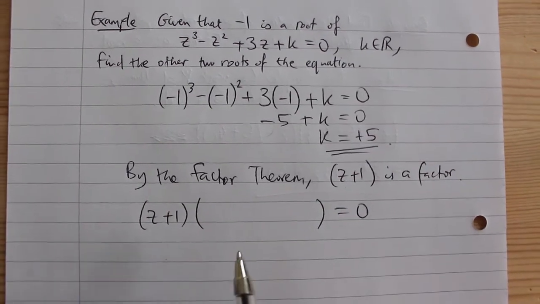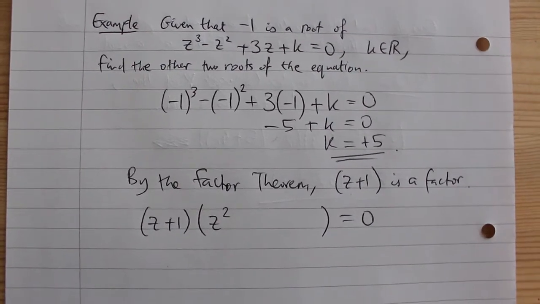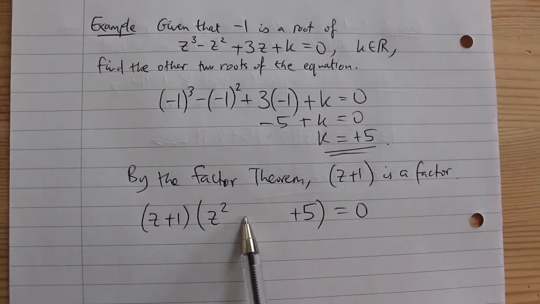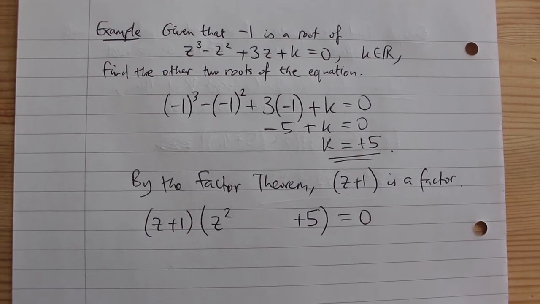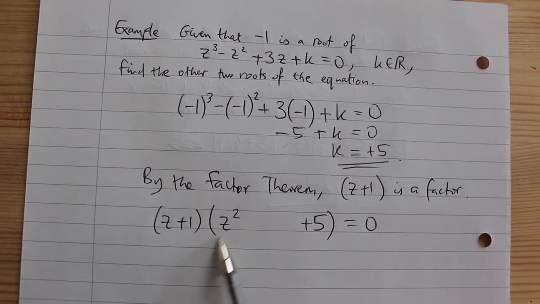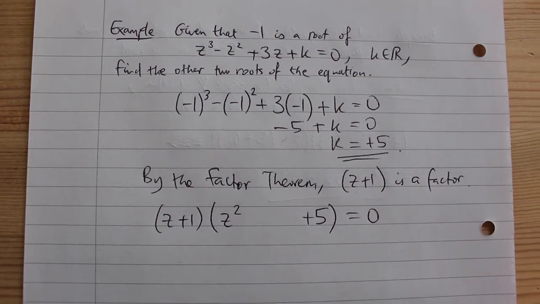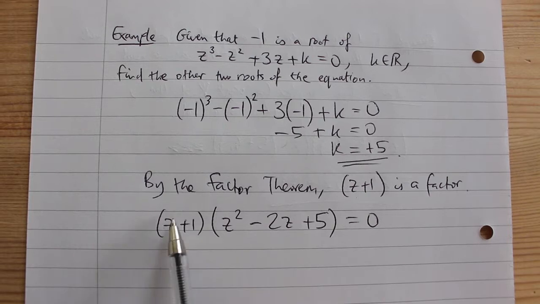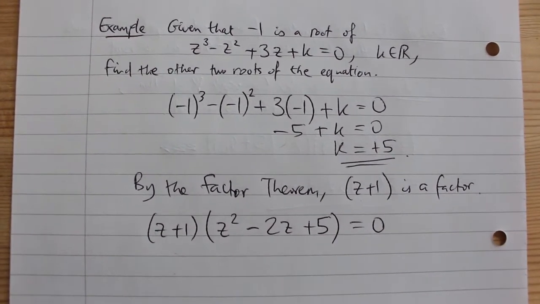In order to make 1z cubed, we're going to need z squared. In order to make a constant term of plus 5, we're going to need plus 5 here. And then we just have to work out the z coefficient in the middle. In order to make minus z squared, we already have 1z squared. We need to get minus 1z squared, so we need to take away another 2z squared, because the only other way to make z squared is this z times this z term here. So this is how it factorizes.